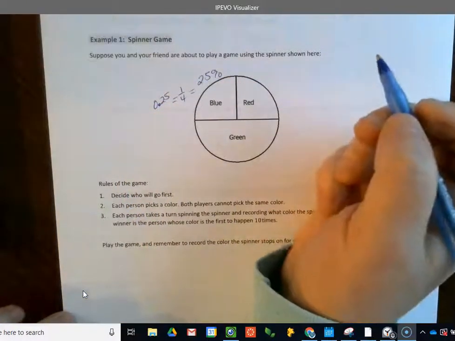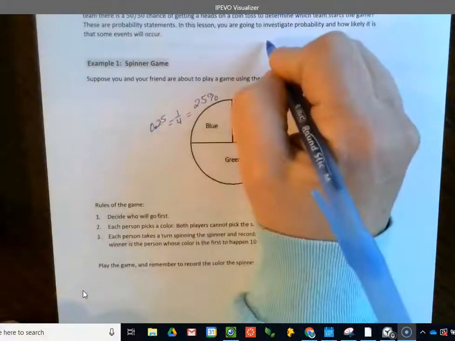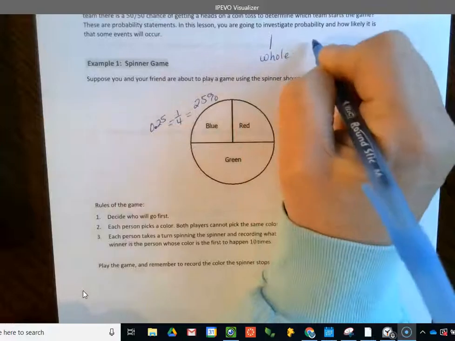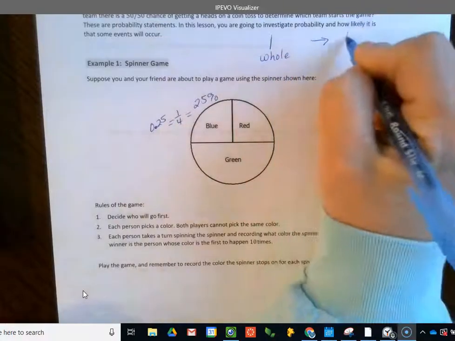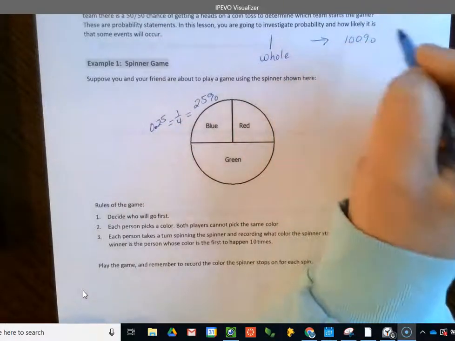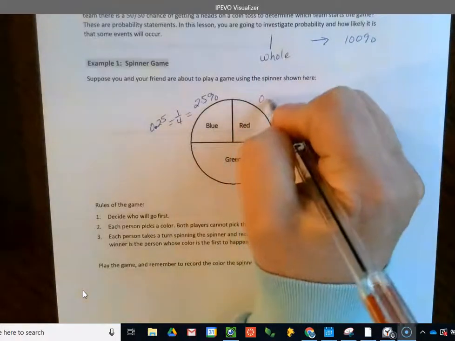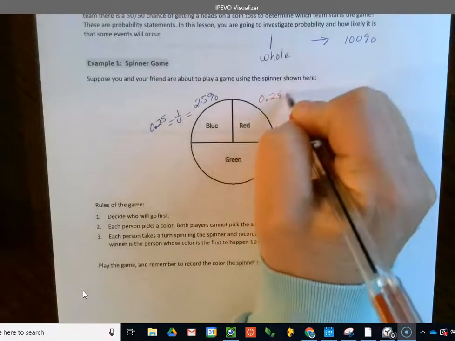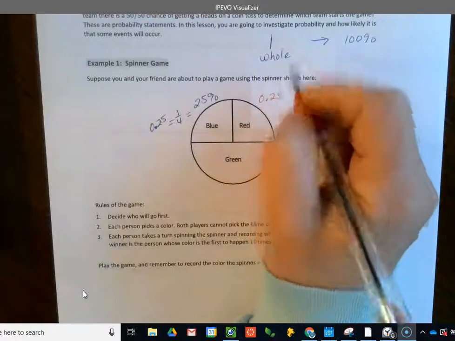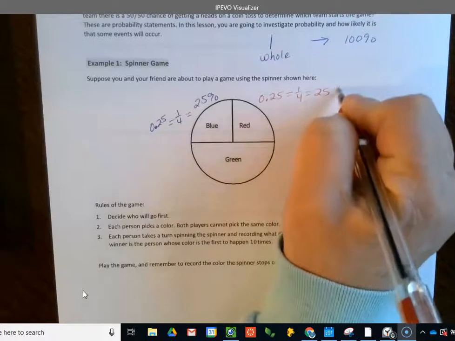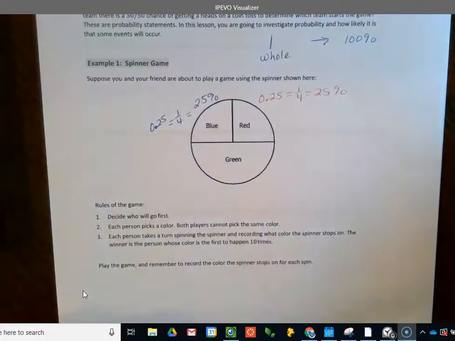Now remember, in the video you heard that probability is out of one whole. And you know that one whole as a percentage is 100%. So then we have the red, also the same. And then finally the green.